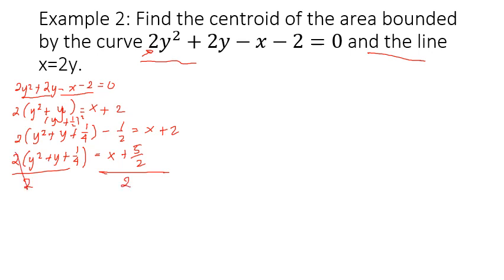So y squared plus y plus 1/4 is equal to y plus 1/2 quantity squared. That's the factored form of this. This is equal to x plus 5/4. I'll just get the LCD, which is 2, so this is 2x plus 5 all over 2.